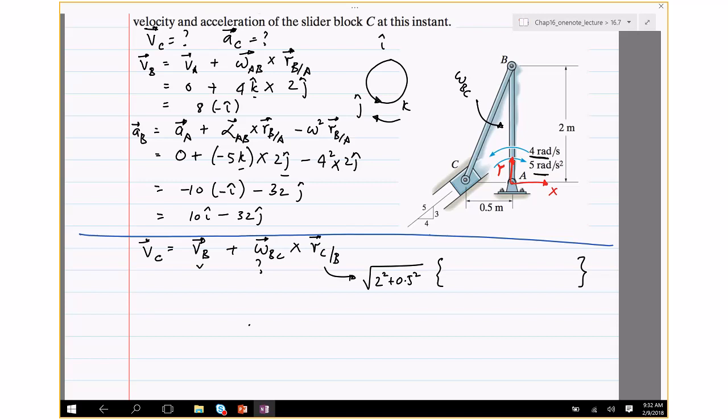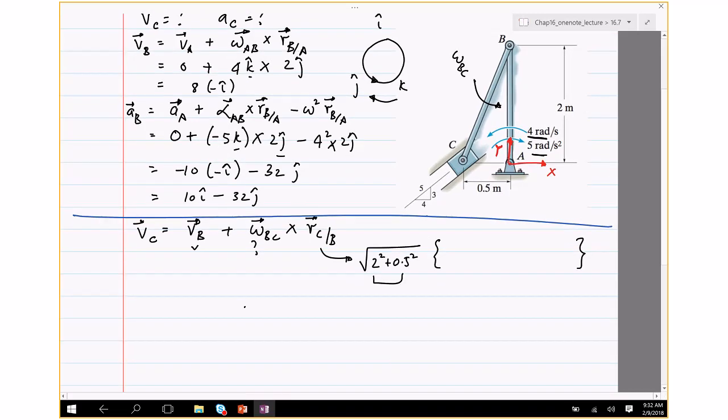How will you find the direction? By the way, what's 2 squared plus 0.5 squared? That's 2.06.